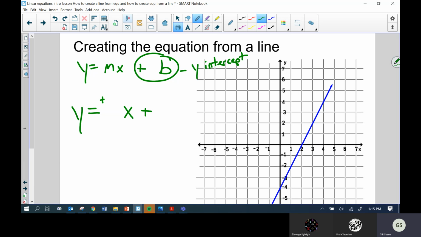How did we draw the line when we were given that number? What was the first step we did? Like the very first step you did when you just drew that line. What did you do? Put a dot where?